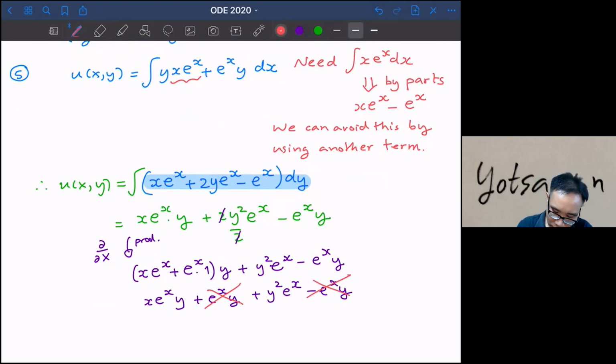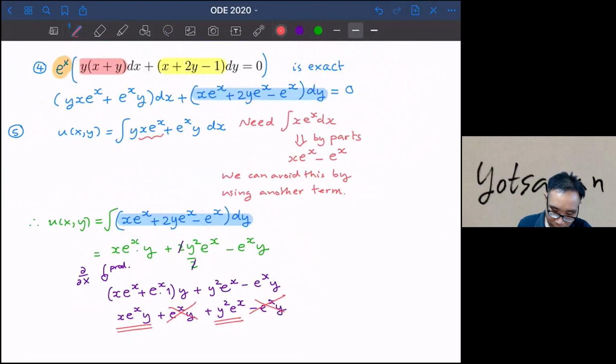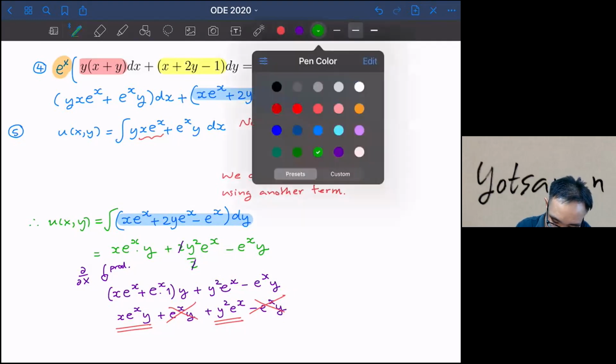And you're also left with these two terms. Why do I have y squared e to the x? Sorry, I forgot the square up here, so let's change this one.